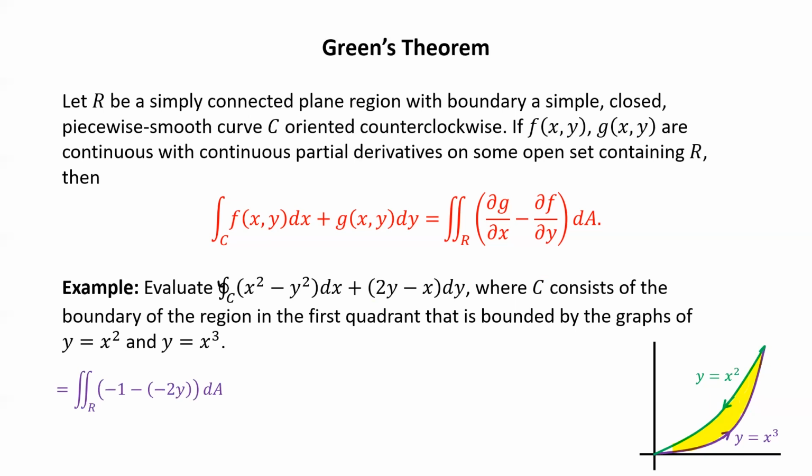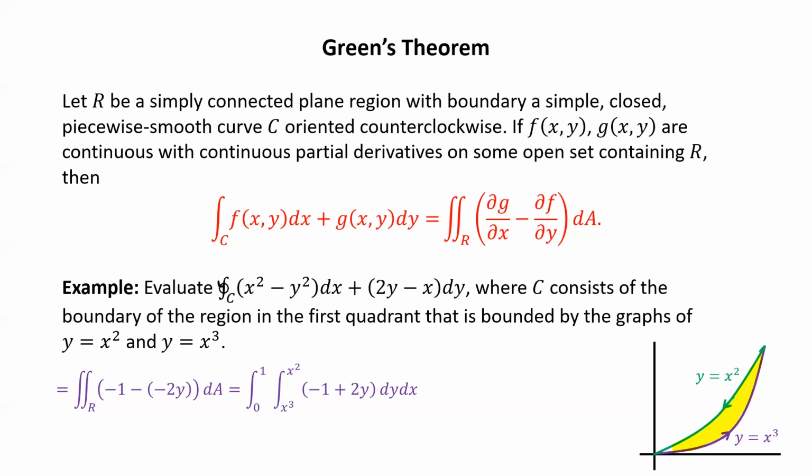We take the partial of 2y minus x with respect to x, and that just gives -1. And then we subtract the partial of x squared minus y squared with respect to y, and that's -2y. So just simplifying that, we get -1 plus 2y. We're going to do it as a type 1 region.